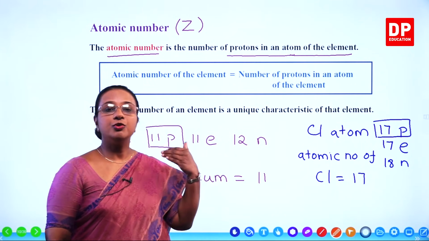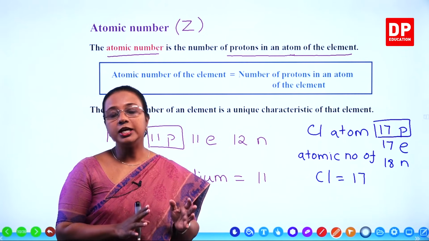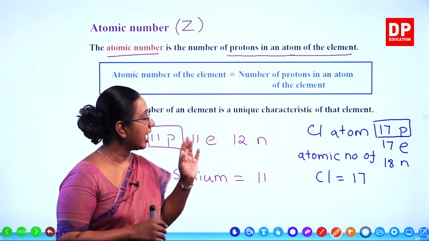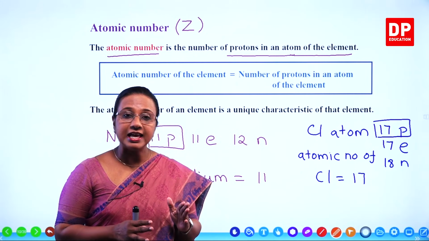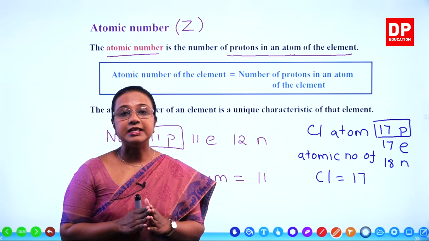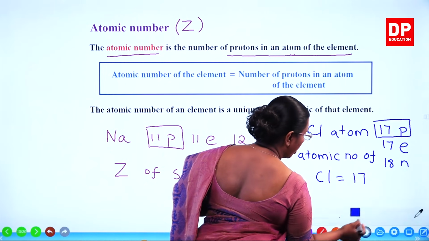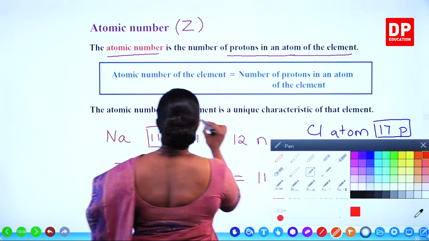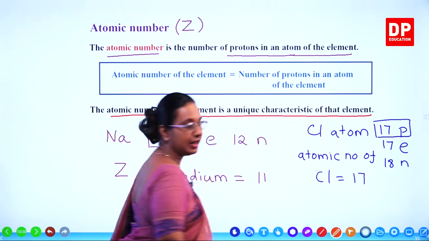Like this, if you look at all the elements, atoms belonging to the same element have the same number of protons and electrons, and they have a fixed atomic number. Therefore, the atomic number of elements is a unique characteristic of that element.